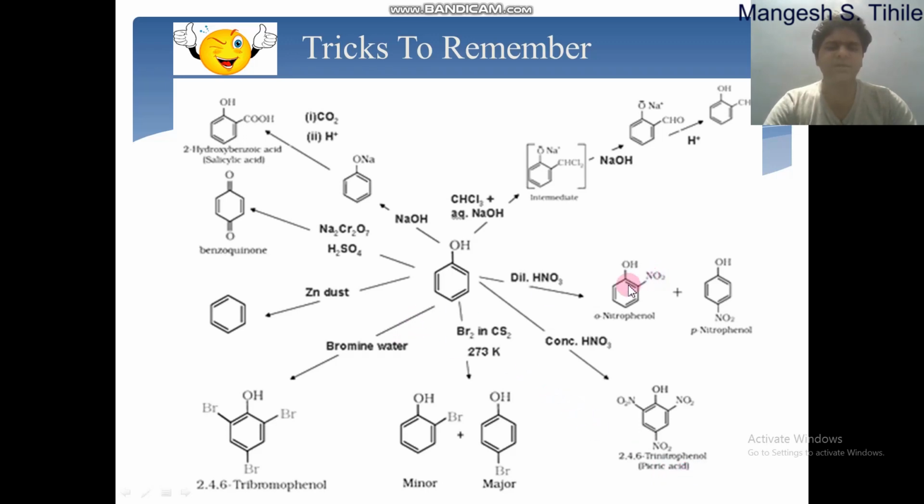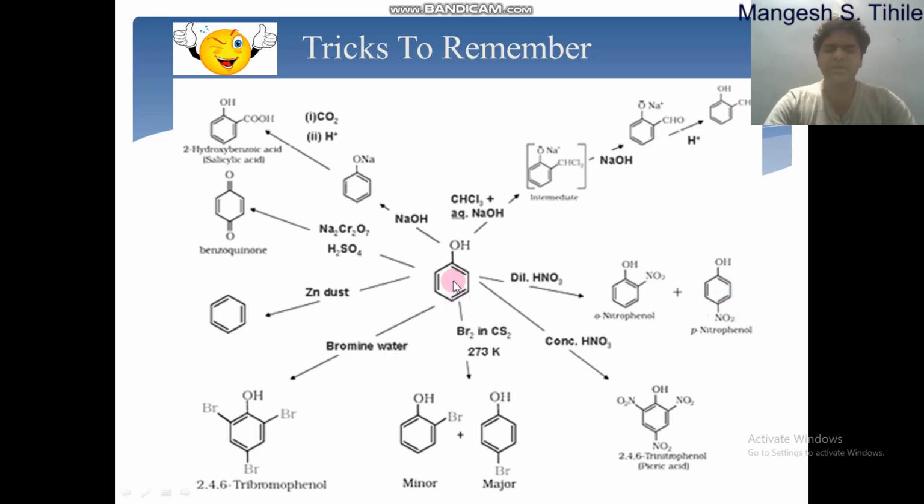Then in the orthonitrophenol and paranitrophenol, the major product is orthonitrophenol, due to intramolecular hydrogen bonding, whereas the paranitrophenol is produced in a minor quantity.